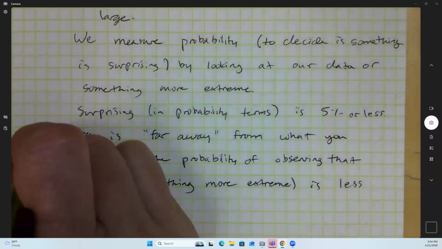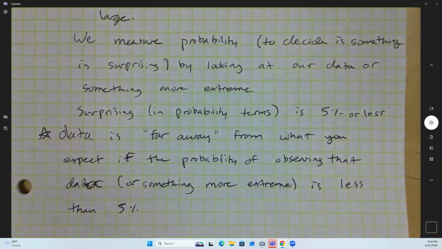That is ultimately how we measure distance in statistics, through a probability, not through what we normally think of as distance.